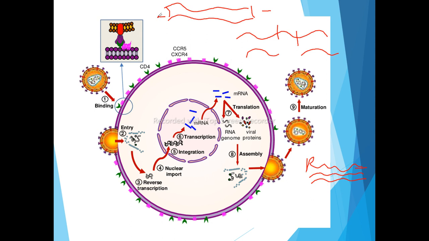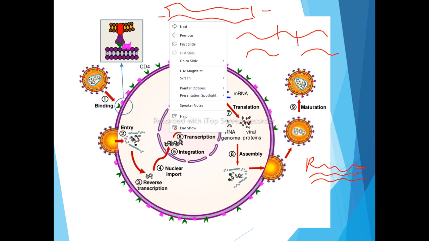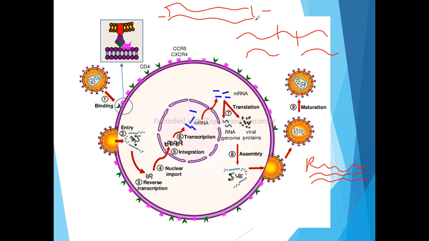Now this viral genome will express itself at the end here. It has what are called promoter regions. These promoter regions are the ones that enhance transcription of this viral DNA to messenger RNA. Once it is transcribed, the viral DNA will express itself.